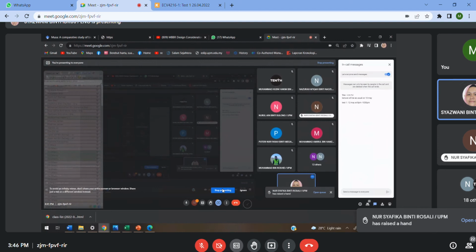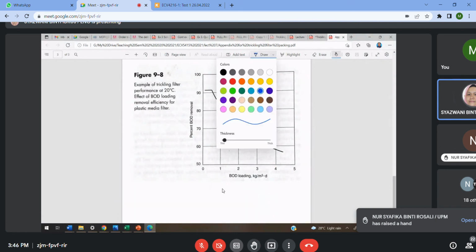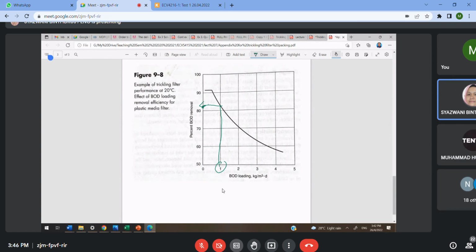Okay, so the BOD loading in this case is equal to 1. You draw a vertical line and then a horizontal line, so that you will get the BOD removal.